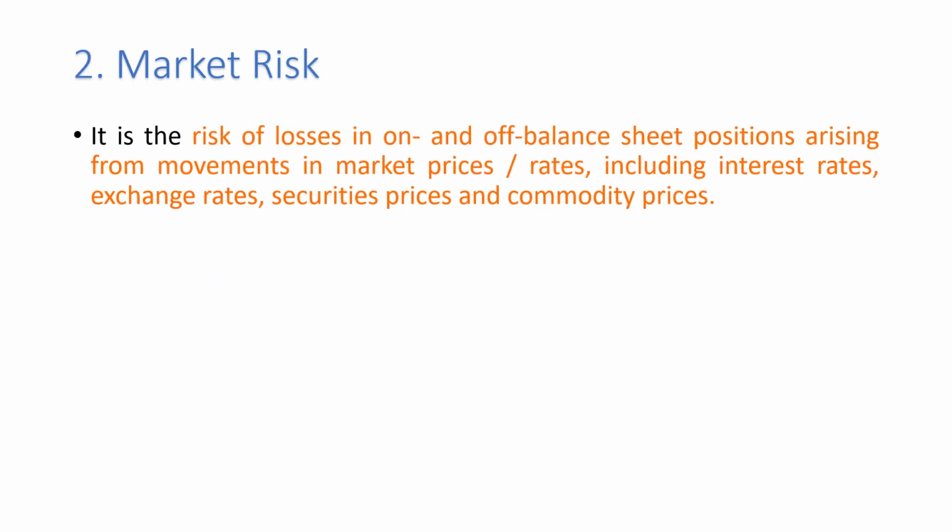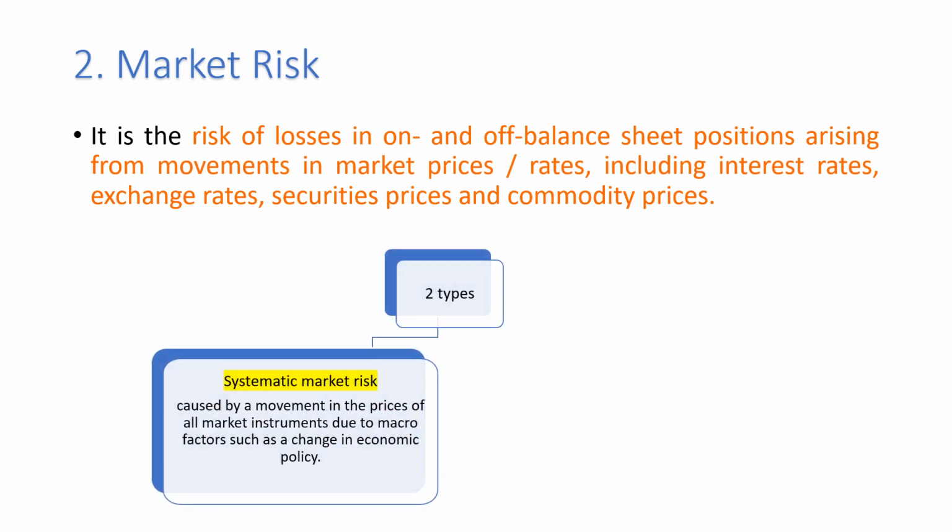Market risk. Market risk is the risk of losses in on- and off-balance sheet positions, arising from movements in market prices or rates, including interest rates, exchange rates, securities prices, and commodity prices. There are 2 types of market risk.